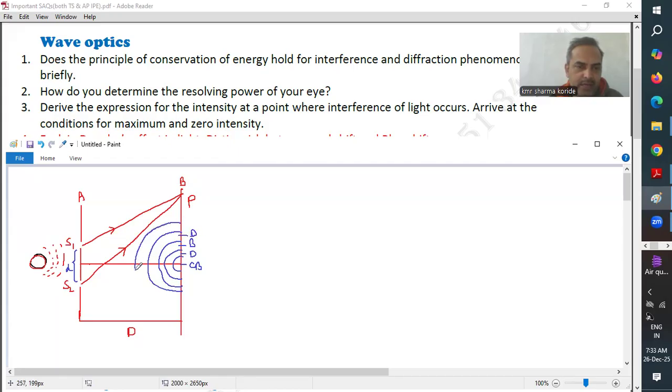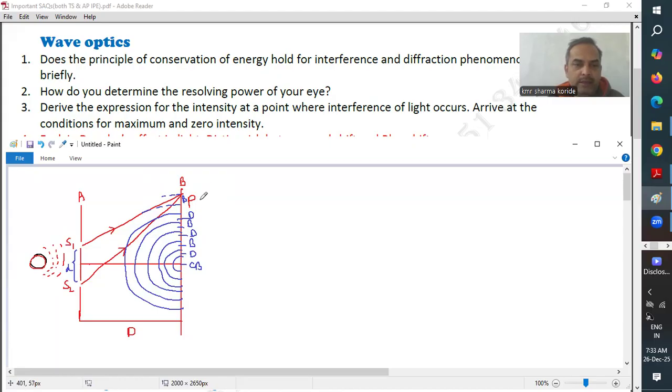So continuous dark and bright bands appear on the screen due to interference. So in the previous question, we discussed that there is no loss, there is no gain when interference takes place. So there is a chance here to get a bright band here. So this is how the picture appears on the screen B.